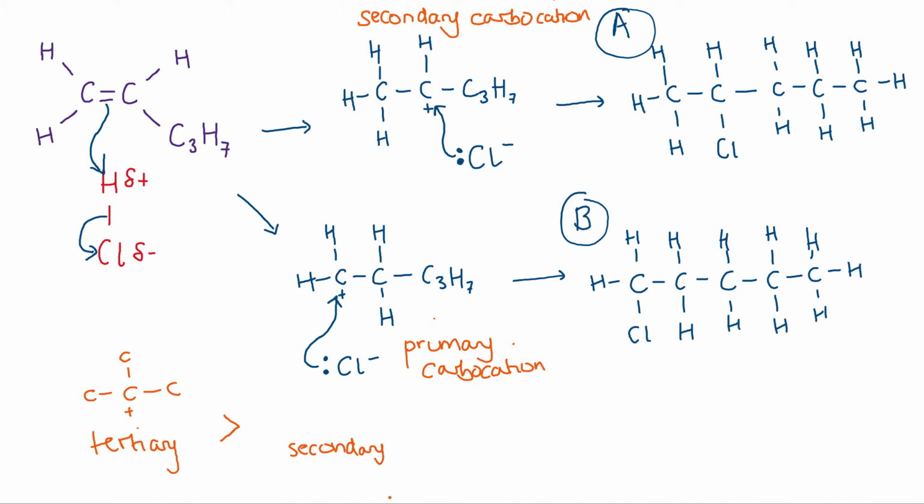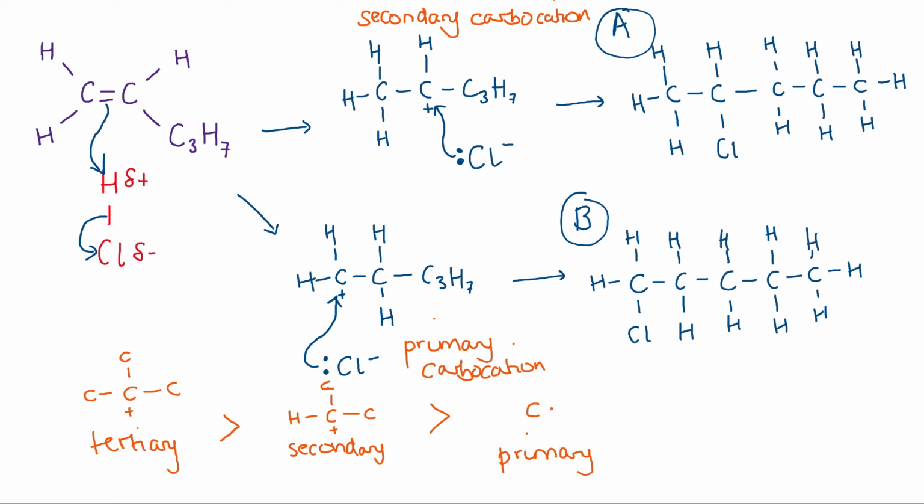As we just said, a secondary carbocation is where the positive charge is on a carbon that is bonded to only two other carbons and one hydrogen. This is more stable than a primary carbocation.